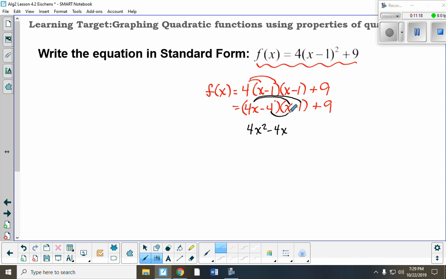And then you multiply the inner two, which is minus 4x, and then the last. And then you still have plus 9 at the end. Now we combine like terms. And that is it. We are now in standard form. So we started in vertex form, and that's how you convert to standard form.